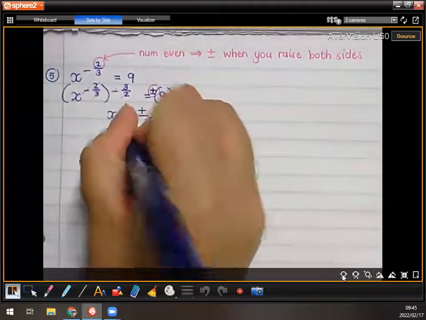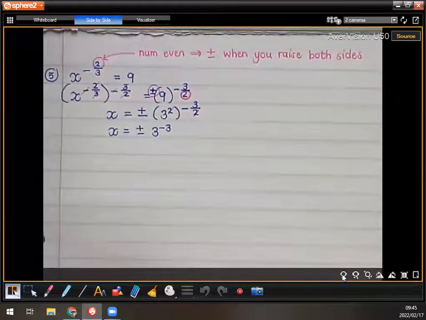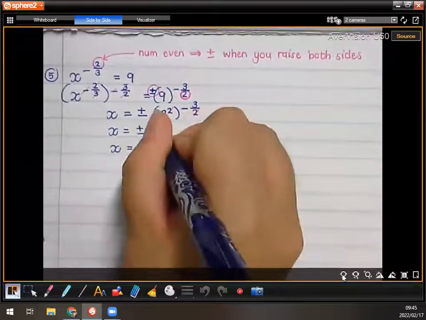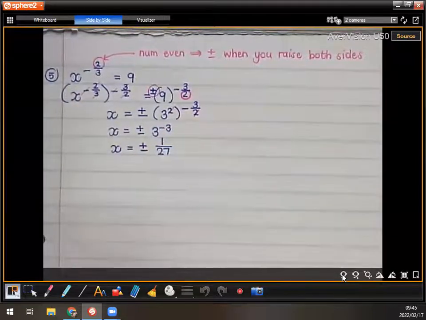So x is plus or minus 3 to the negative 3. We're going to have to write that as a fraction. So what is that? 1 over 27, right? To get that exponent positive, you're going to have 1 over 3 cubed, which is 1 over 27.